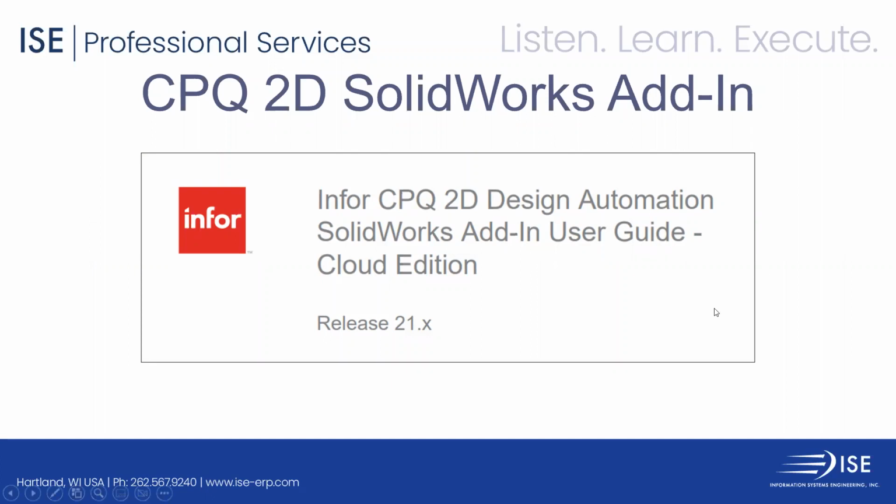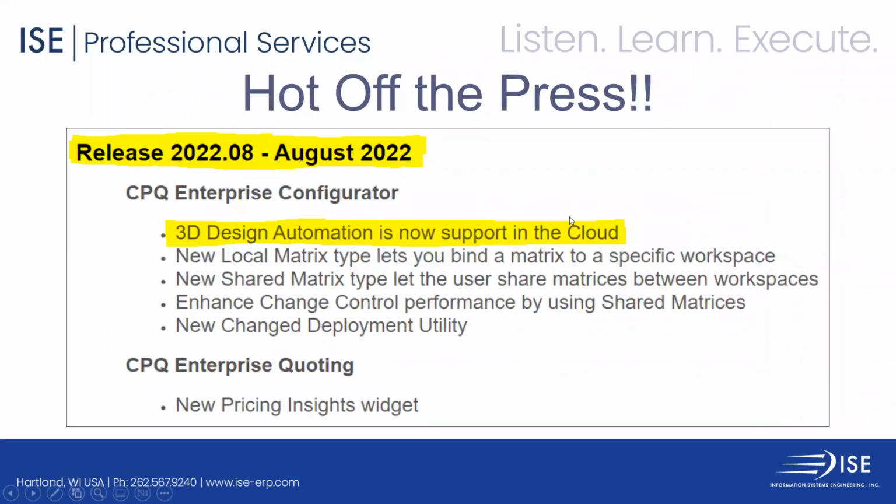Now, hold on to your hats, though. I feel like an infomercial, but wait, there's more. Hot off the press. And like I said, it's a great time to be alive. This just got released, literally just got released. You can see it's release 2022.08, which should sound familiar to us because we're in August 2022. So the brand newest version of CPQ Enterprise Configurator.